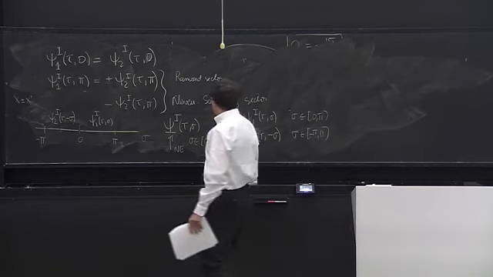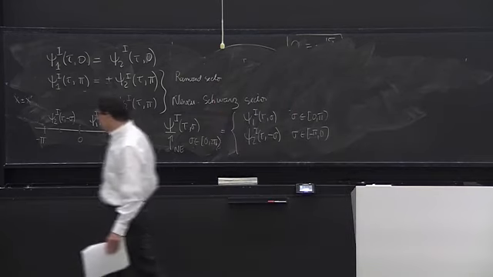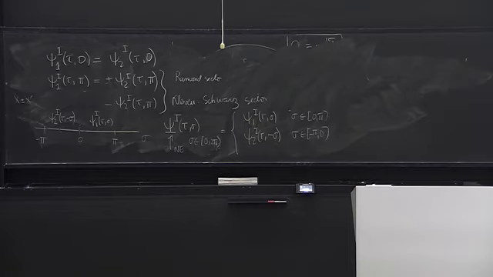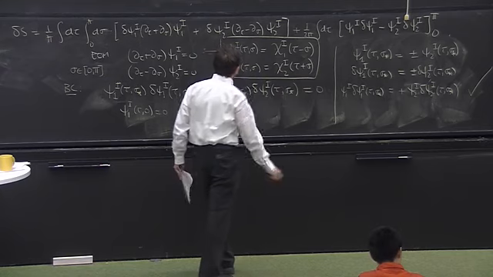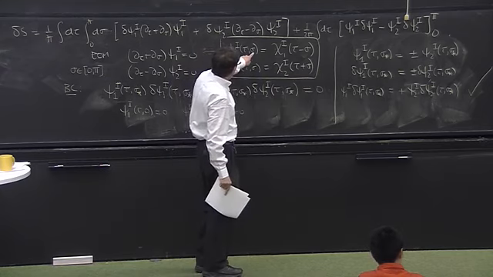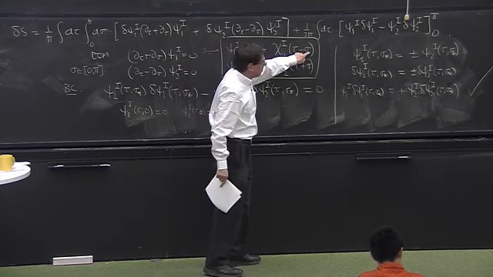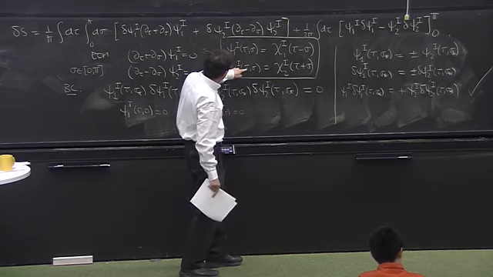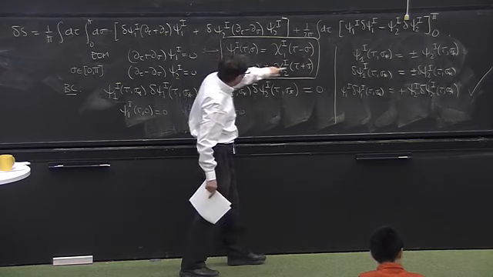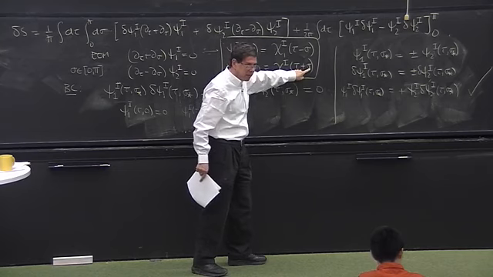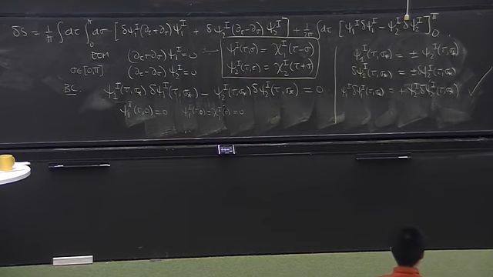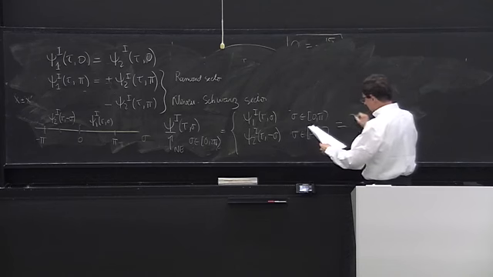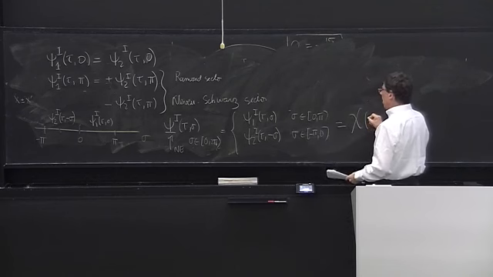And look at this: psi1 of tau and sigma is a function of tau minus sigma, but psi2 of tau minus sigma is also a function of tau minus sigma. So this whole field you've defined here is some new function of tau minus sigma.